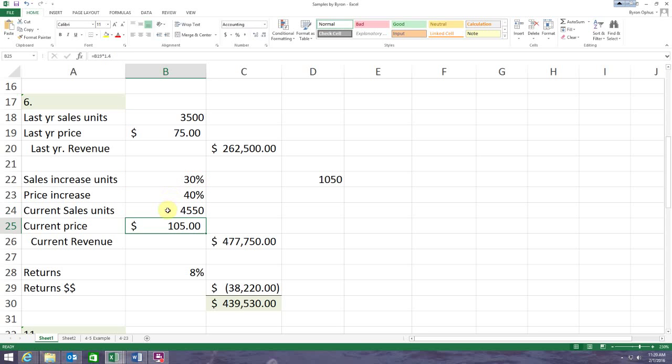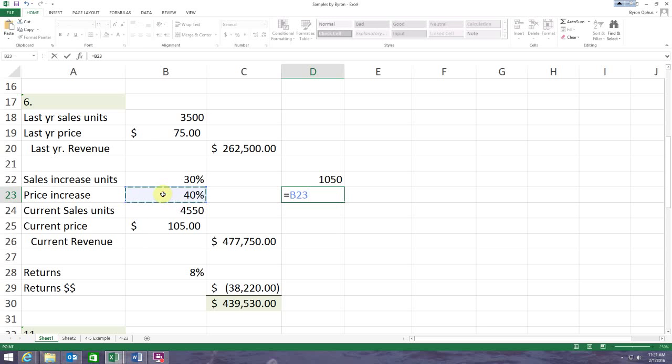And I get the same number when I do that. And again, to abbreviate that even more, you could simply say this is equal to last year's sales times 1.3. That gives you the same thing. Now I've got to figure out my price, because my price went up by 40%. And the math is the same. If my price went up 40%, I can do that over here.